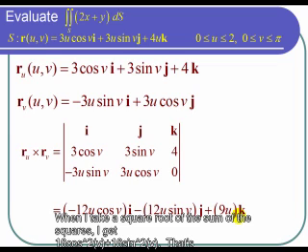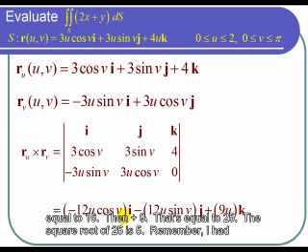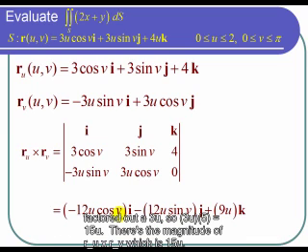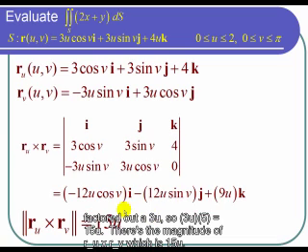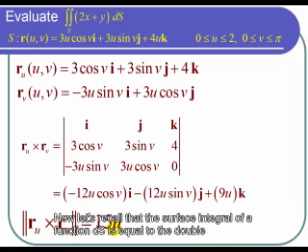And when I take the square root of the sum of the squares, I get 16 cosine squared v plus 16 sine squared v, and that's equal to just 16, and then plus 9, that's equal to 25, and the square root of 25 is 5. And remember, I had factored out a 3u, so 3u times 5 is 15u. So there's the magnitude of r_u cross r_v, which is 15u.